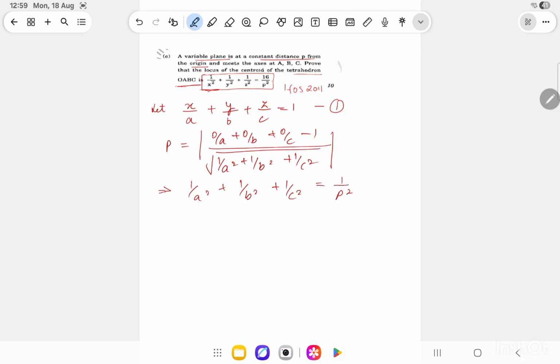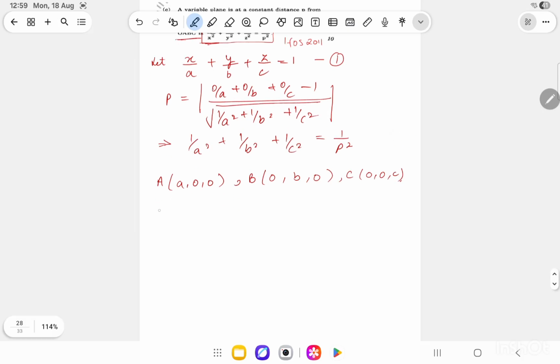It further says that this plane meets the axes at A, B, C. So we can calculate coordinates of A as (a, 0, 0), B as (0, b, 0), and C as (0, 0, c). We are supposed to prove the locus of centroid of tetrahedron, and O is the origin only.